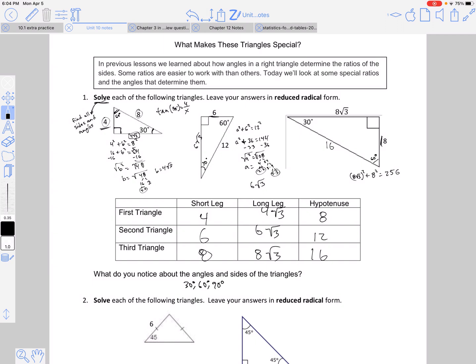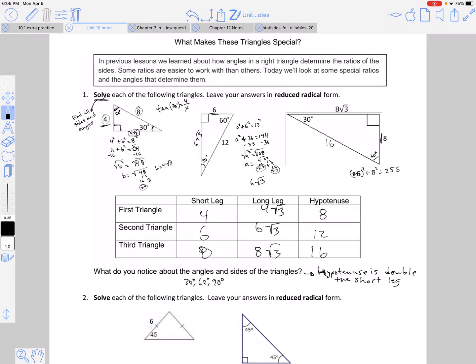And the sides, if you notice, there's definitely some patterns here that you can see. So notice those. The pattern that I see is that the hypotenuse is double the short leg, and the long leg is the short leg times root 3, right?